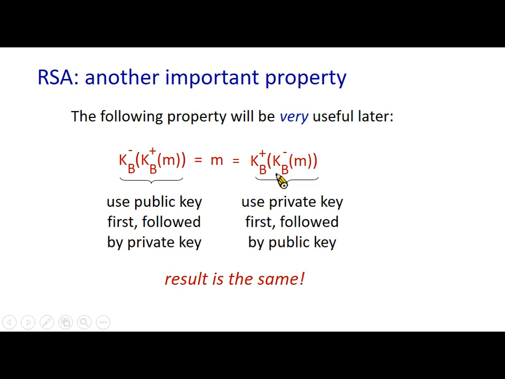If we apply the private key first and then the public key, the answer is the same. They get the same message. So we use the public key first, followed by the private key, and we get the same result. Using the private key first, followed by the public key, gives the same result. It's a very, very interesting result.